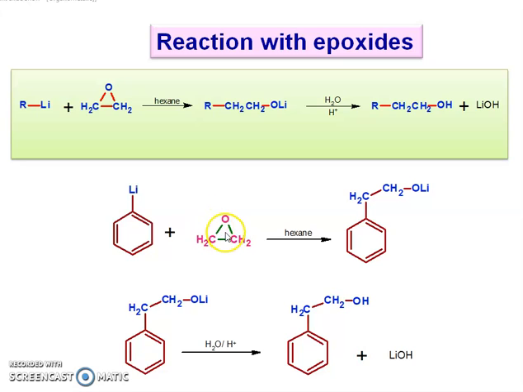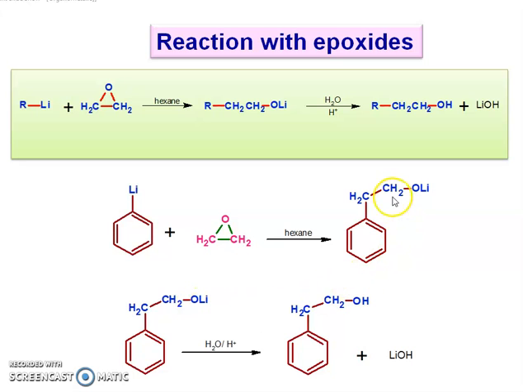After breaking, the epoxide ring can open on that side in such a way that this phenyl ring is attached to this carbon, and CH2 is on that side, that is the right hand side, with O lithium.